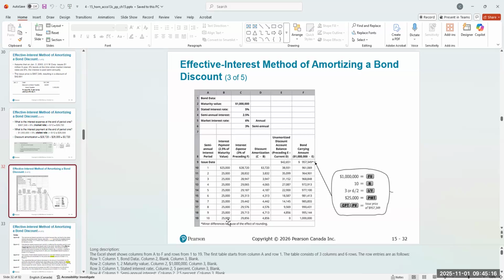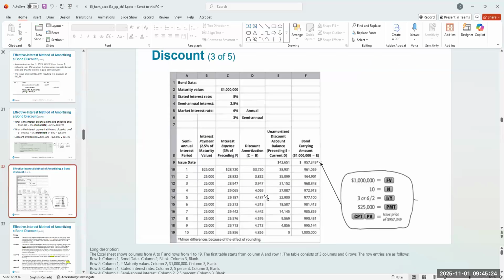That's why you have to be certain, because we have a contract to pay that much interest. Now the interest expense is going to change. Why? Because the carrying amount of the bonds is going up. If that amount goes up and the interest payment stays the same at 3% only, that means the interest expense naturally is going to start increasing.